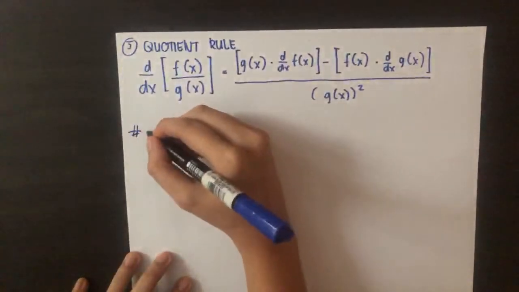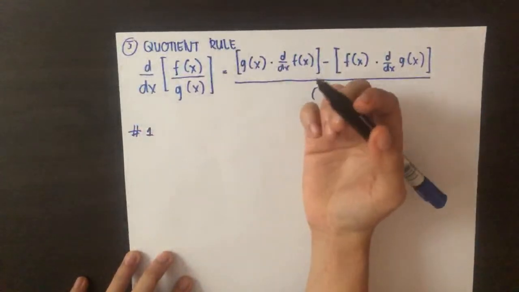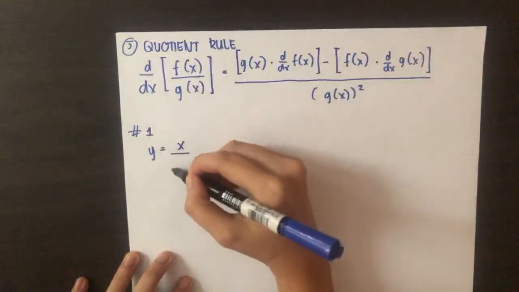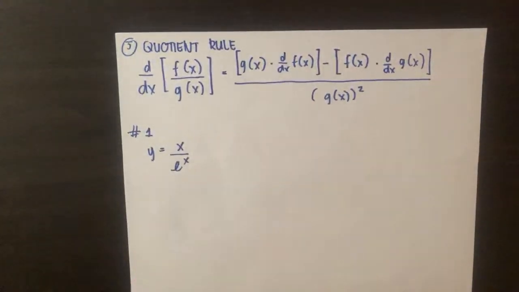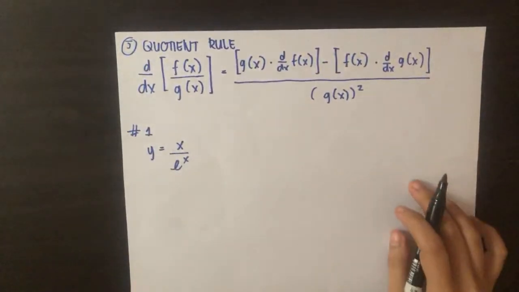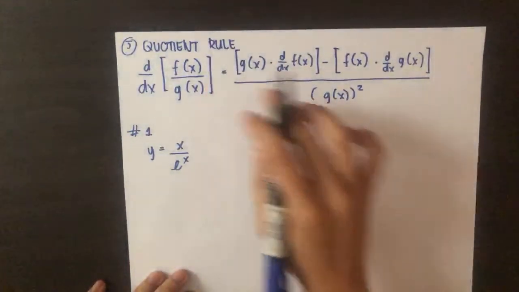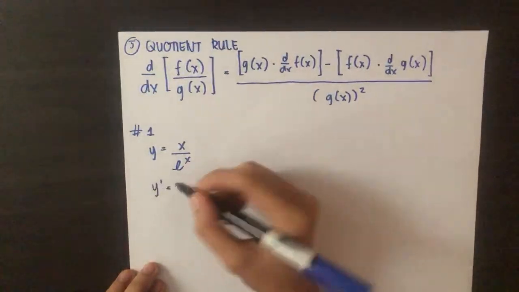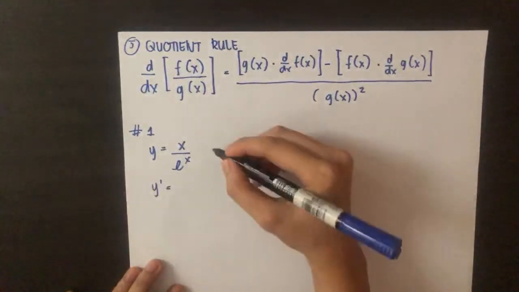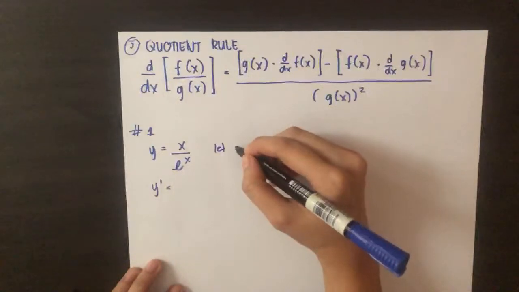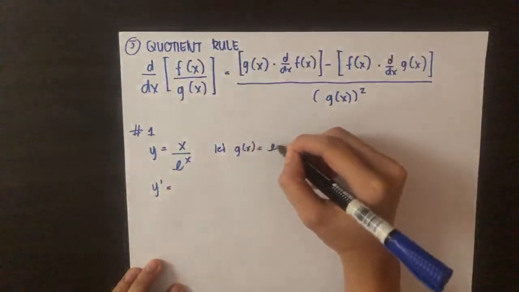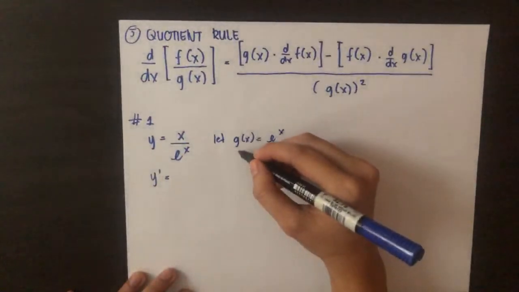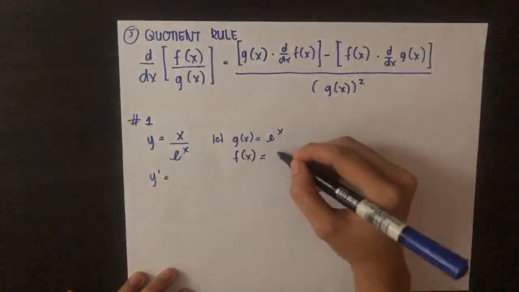Number 1. Find the derivative of x over e raised to x. Ayan. So, obviously, gagamitin natin si quotient rule. So, derivative is we have, let g of x si e raised to x and f of x is si x.